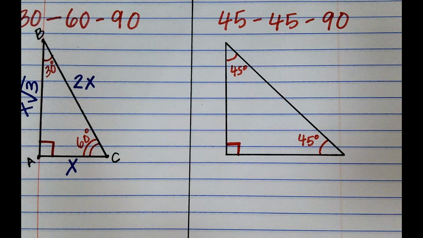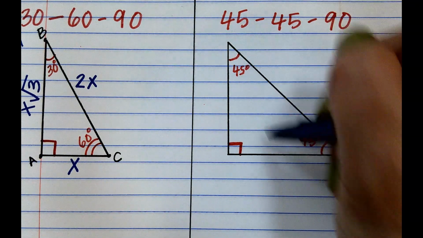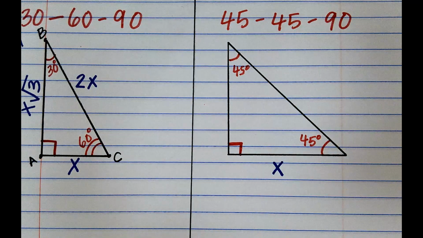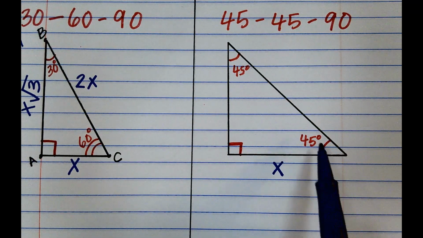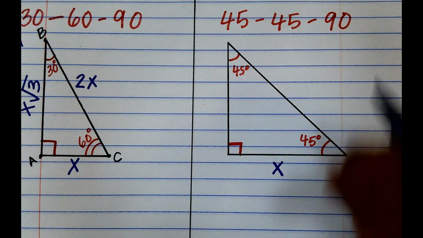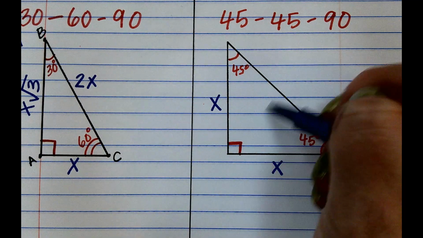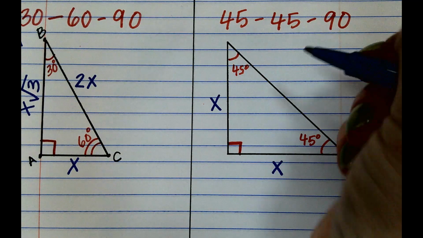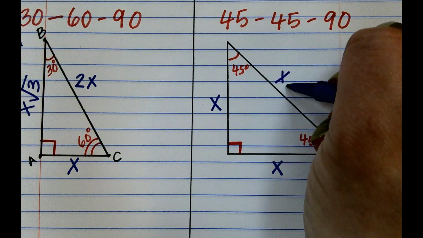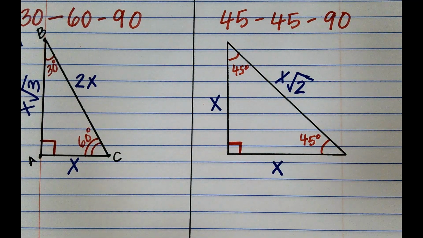So our legs, the one at the bottom across from this 45-degree angle, we call X. And the other leg across from the other 45-degree angle will also be X. They're the same length every single time. And then finally, your hypotenuse, your longest side, will be X times radical 2. Instead of 3, it's 2 this time.